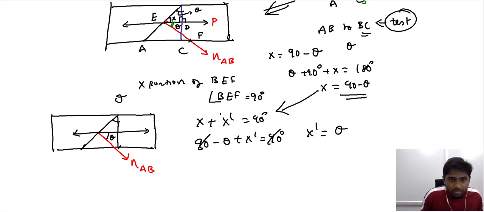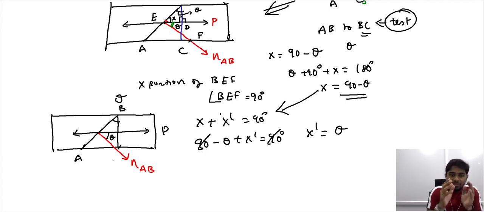So the angle between the loading direction and the normal of our region of interest AB is also theta. Now, having quantified this angle, it is possible for us to understand what portion of the load the region of interest experiences along the normal direction.